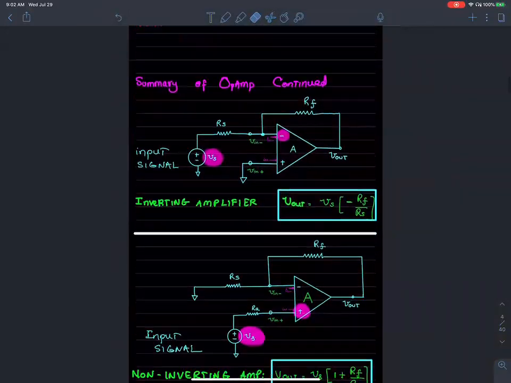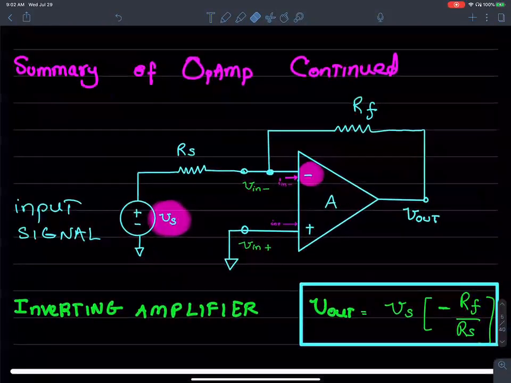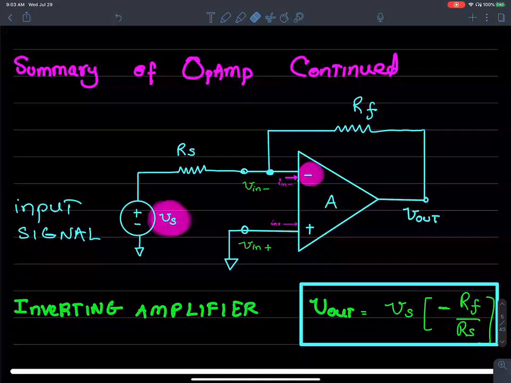Now we went on to discussing different configurations. What happens when you apply an input to the negative terminal and tie the output back into the negative terminal? Then we have what is known as an inverting amplifier. The output V out is a magnified and inverted version of the input. Vs times negative RF over Rs.